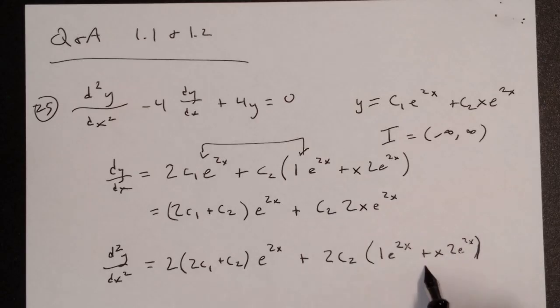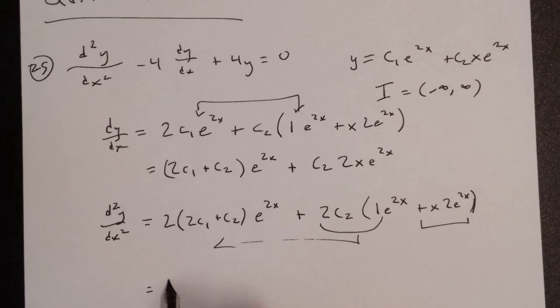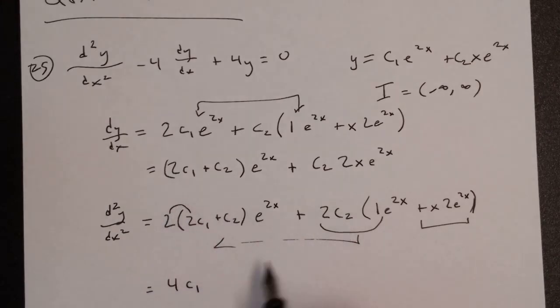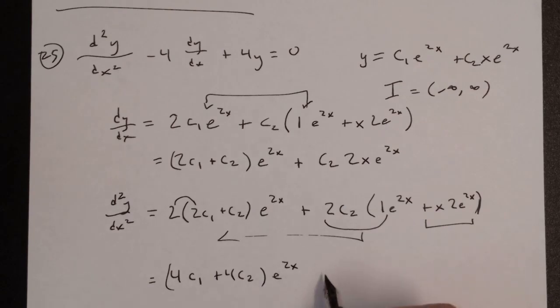Again, there's only one part that has an x. So I can take this part and combine it with that part over there. So I've got 4c1, 2 and 2 more, that's 4c2, c2 e to the 2x, and then 2c2 x. Oh, there's another 2, make that a 4 instead, e to the 2x.